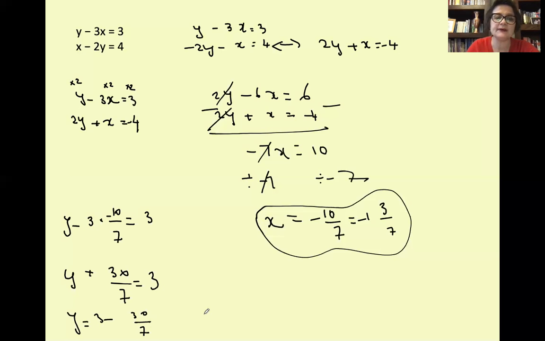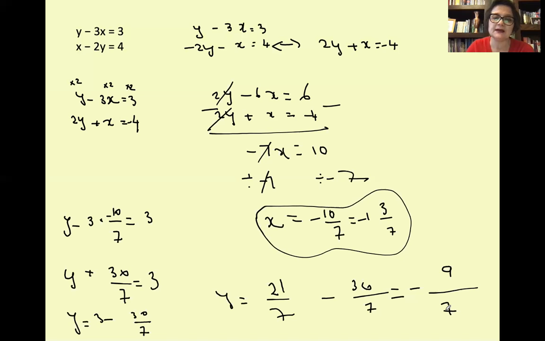I put both of them under the same fraction, the same denominator. So 3 becomes 21 over 7, multiplied by 7, numerator and denominator. And so can you see the answer becomes minus 9 over 7.